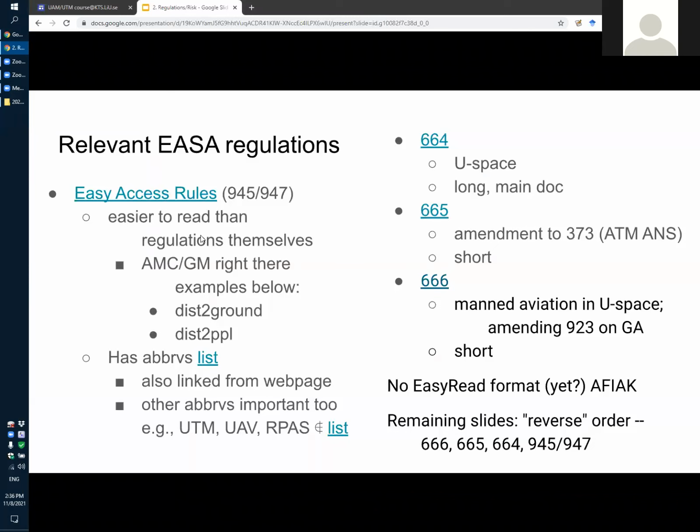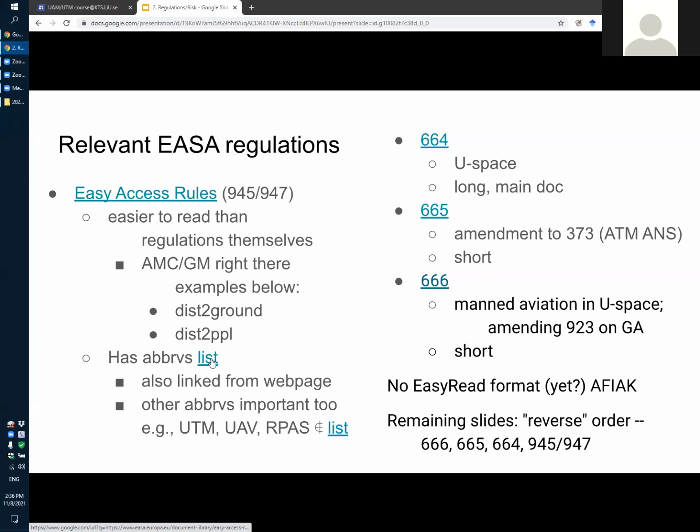They are easier to read, or at least subjectively for me, than the regulations themselves. I've read the regulations. Now there are also acceptable means of compliance and guidance material, which are right in the easy access rules. Again, very convenient. We will look at a couple of examples down in this set of slides, looking at distance to or from the ground and distance from people for the drones.